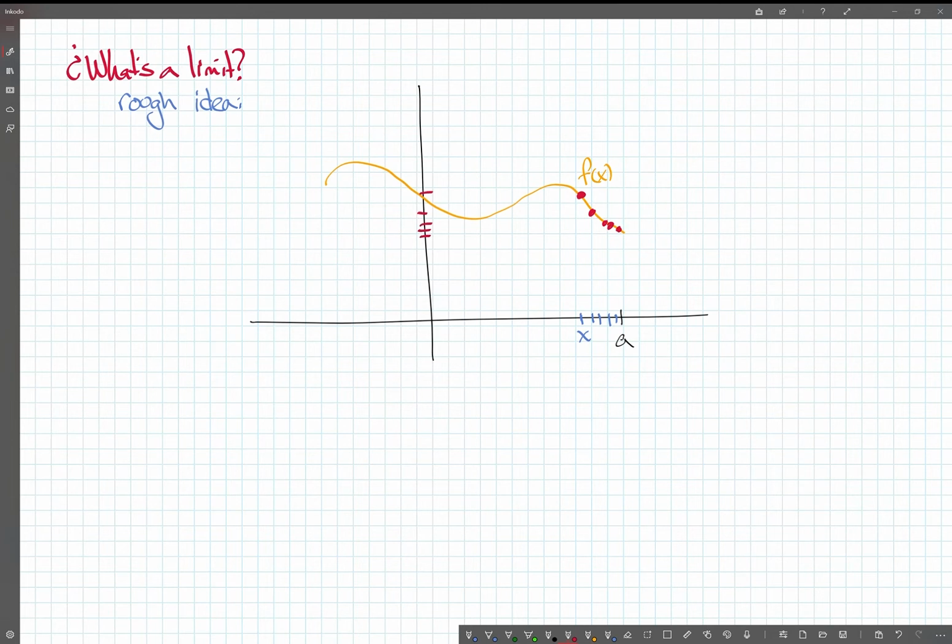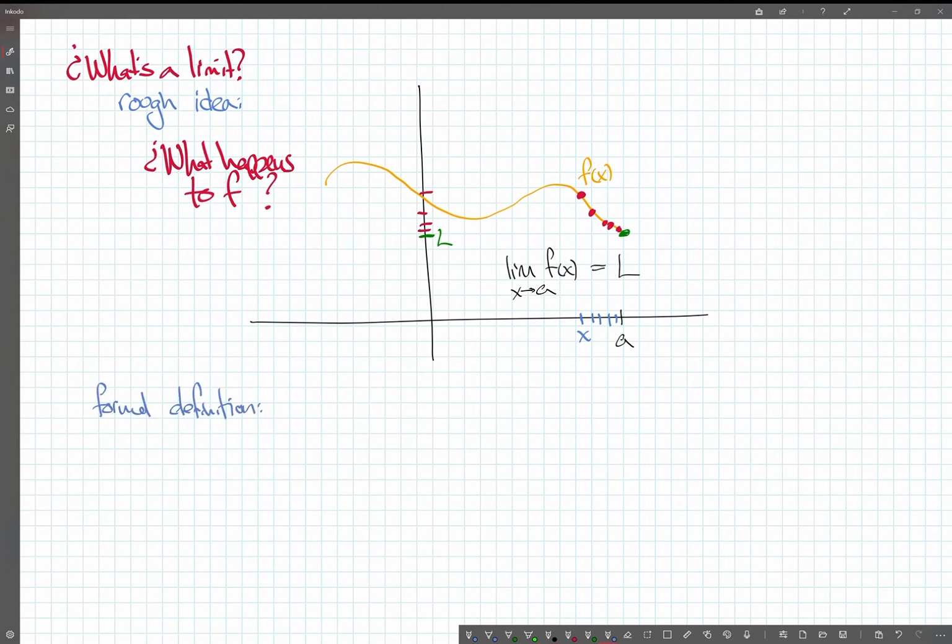So the question is, as x goes closer and closer to a, what is f of x doing? In this case, it looks like the values of f, these points along the graph, are trending toward that point there, which means that the values of f are going toward some value over here, and we call that L. So that's a visual representation of what it means for the limit of f as x goes to a to equal L.